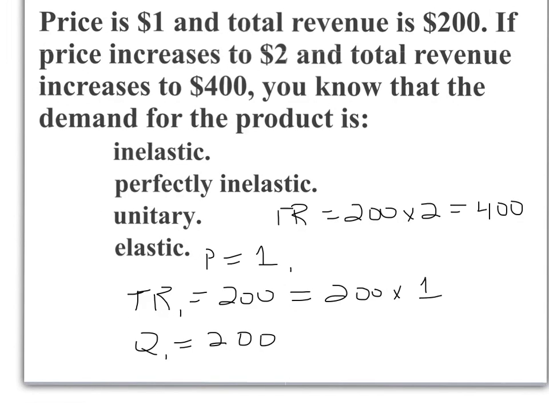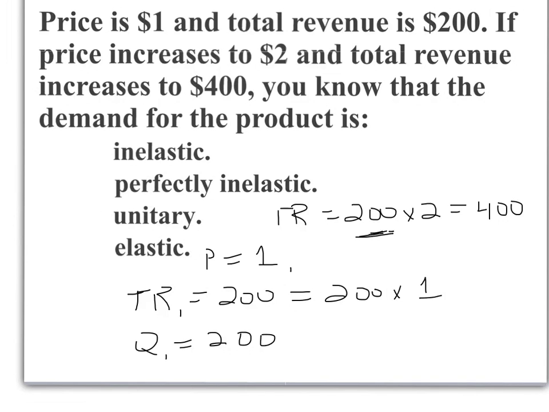So in this particular case, you get an increase in the price to $2, but the actual quantity stays the same. If the quantity had changed, the total revenue would have been different.